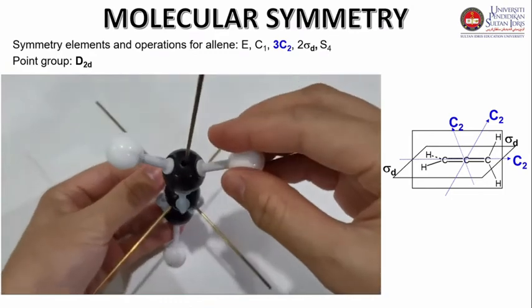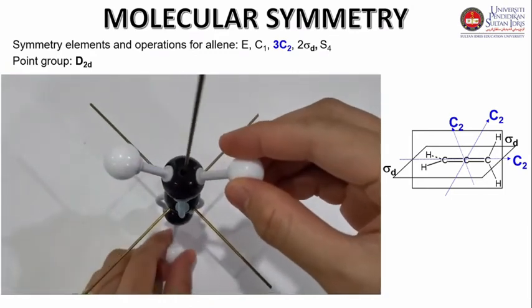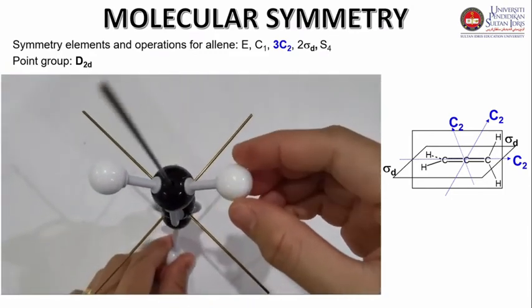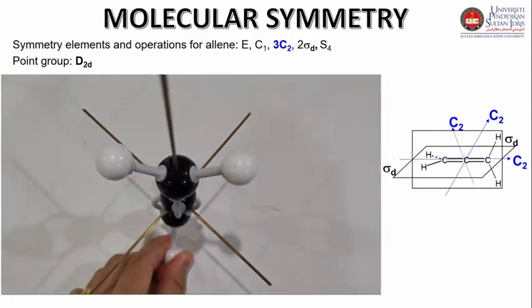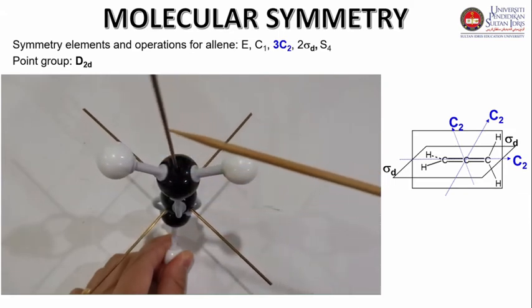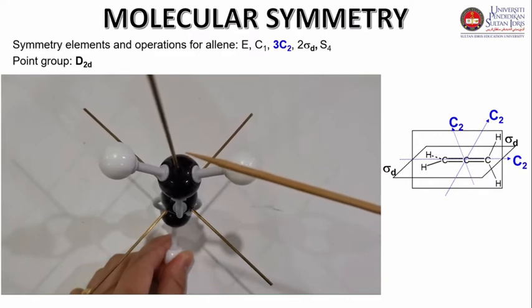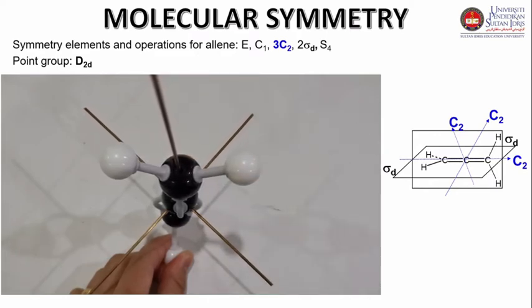If we check whether there is an S4 operation, we can put the molecule in this direction, and we can check that the two C2s are perpendicular to another C2 axis. You can clearly see that the two C2 axes are perpendicular to the upper C2 axis.